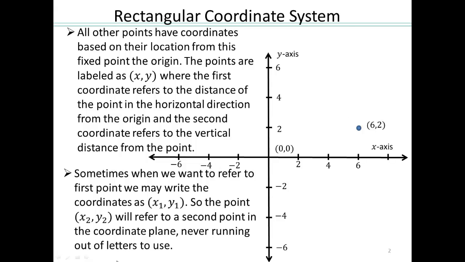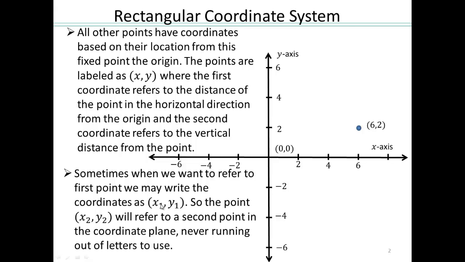If you want to refer to points that are generic and don't have specific coordinates, mathematicians have developed a way to do that by simply saying x sub 1, the x coordinate of the first point, y sub 1, the y coordinate of the first point; the second point will be x sub 2, the x coordinate of the second point, y sub 2, the y coordinate of the second point.